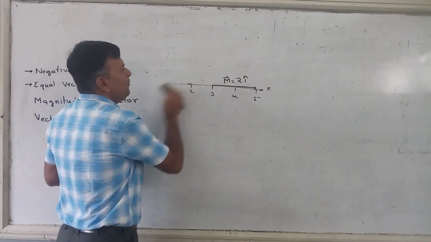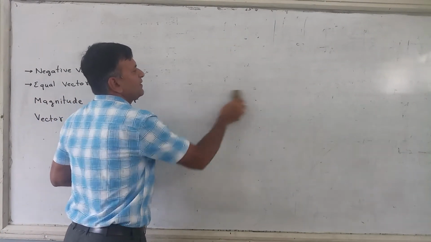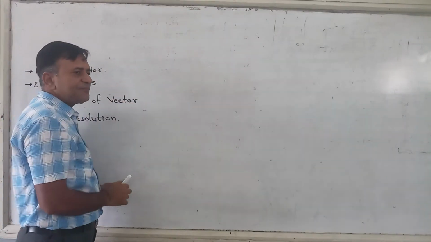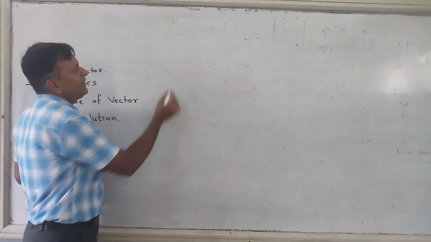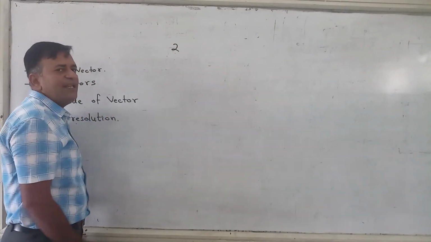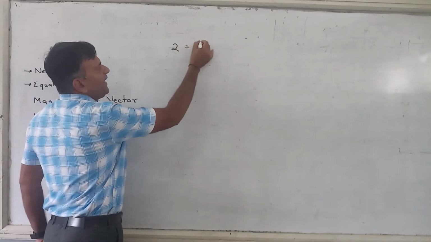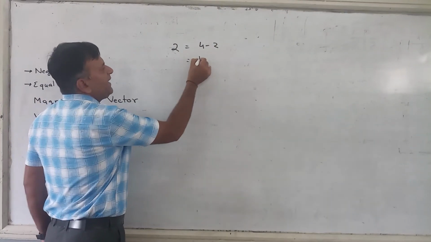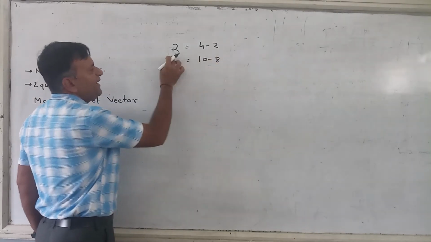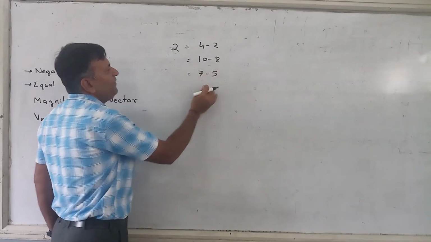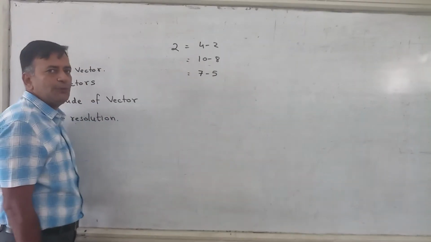Now what important result comes from this? See, in simple mathematics, if I want to write a number, I can write it in many different ways. I can write it as 4 minus 2 equals 2. I can write it as 10 minus 8, again equal to 2. I can write it as 7 minus 5, which is again equal to 2.